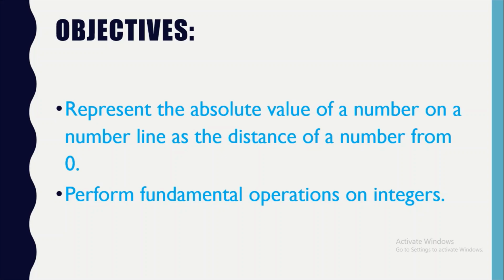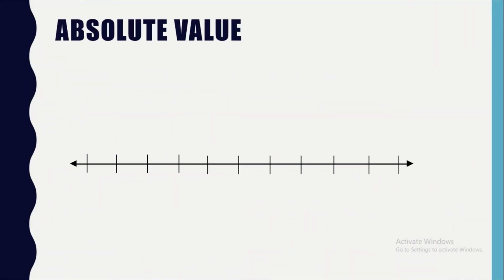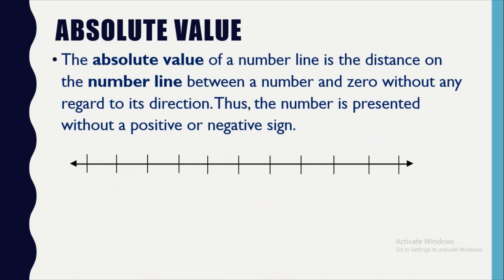But what is an integer, by the way? Okay, integers include negative numbers, 0, and positive numbers. Absolute value. What is absolute value?